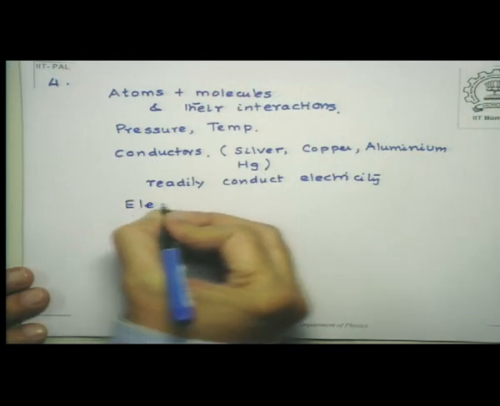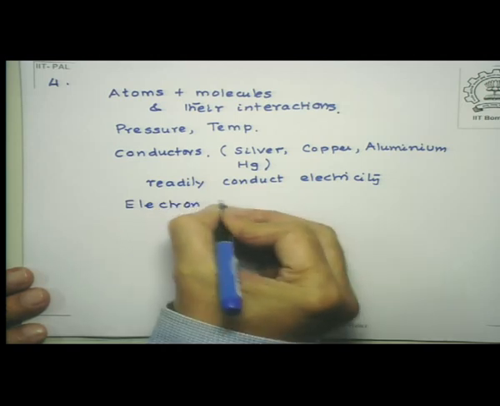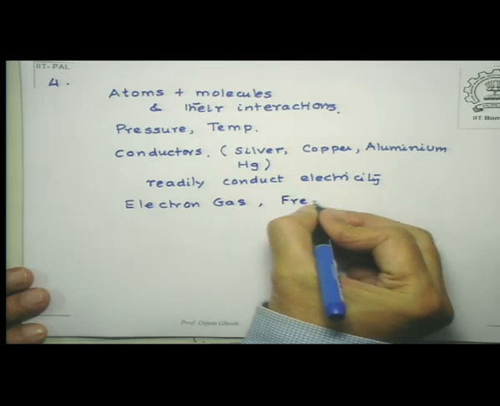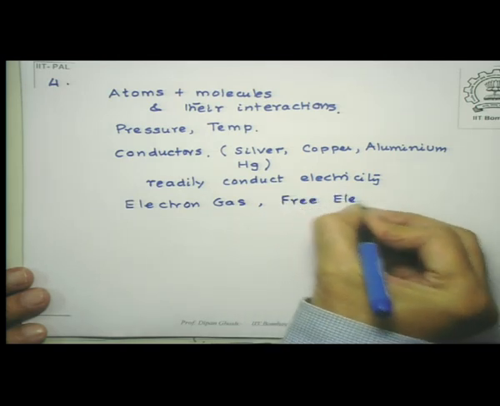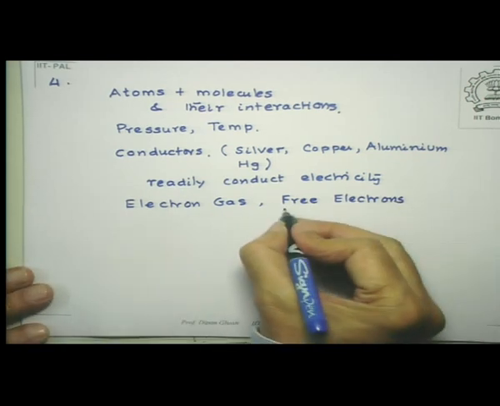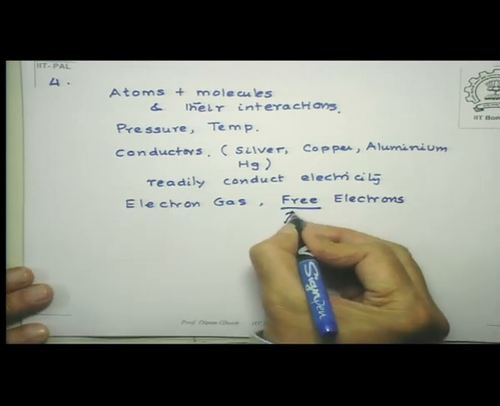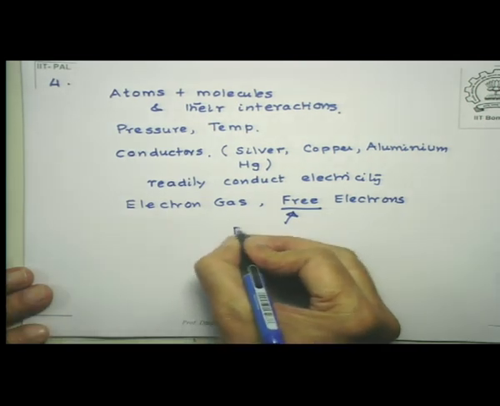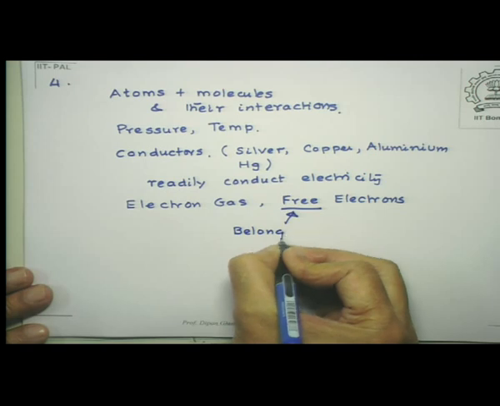And very frequently we use the word electron gas. So, these are also called free electron gas. They are free in the sense that they are not tightly bound to an atom, but they belong to the solid as a whole.